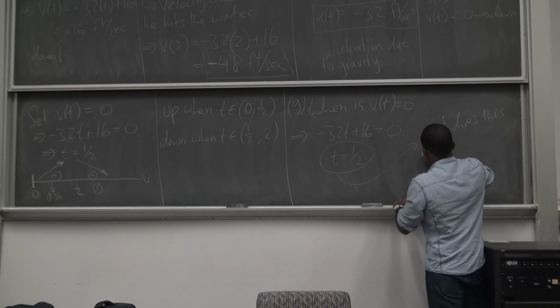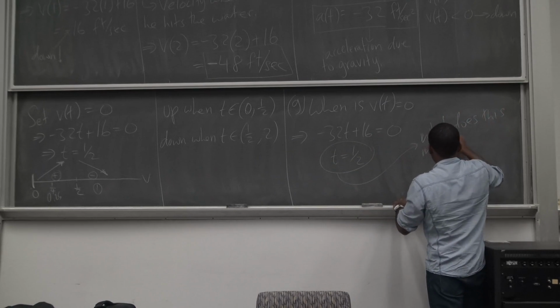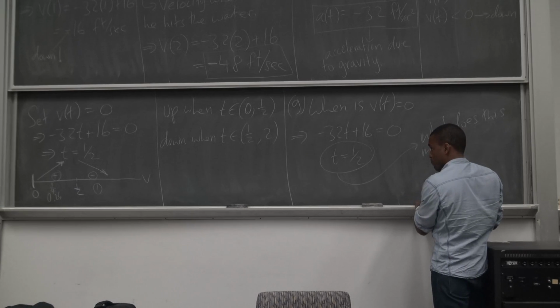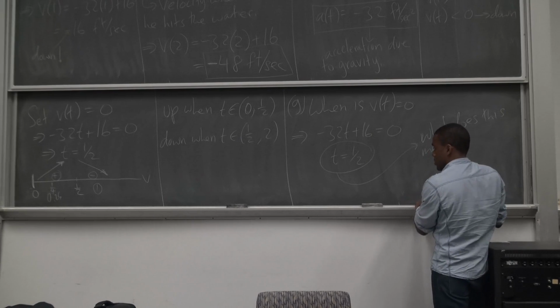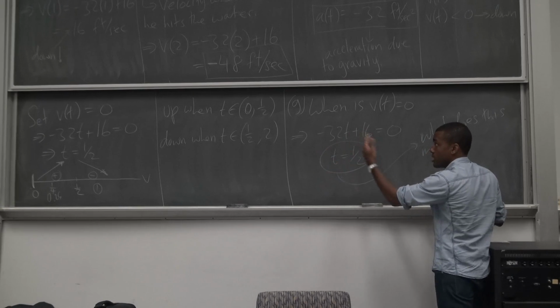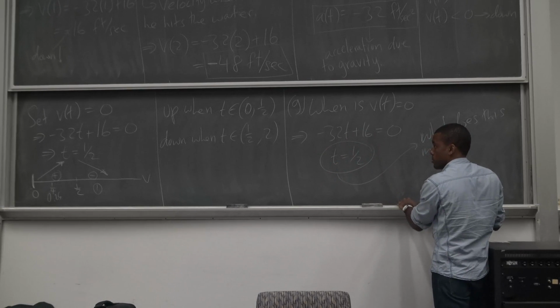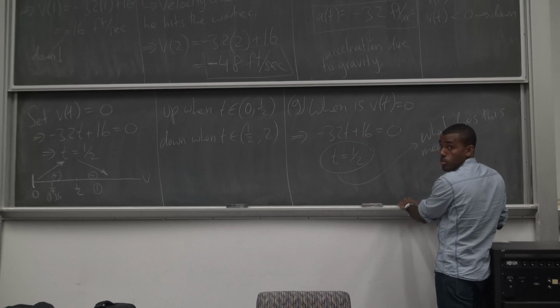What does this mean? When his velocity is 0, what does it mean? Well, there's no speed, right? No velocity. Yeah, how you describe what's going on in this situation. He's not moving. He's not jumping, right?